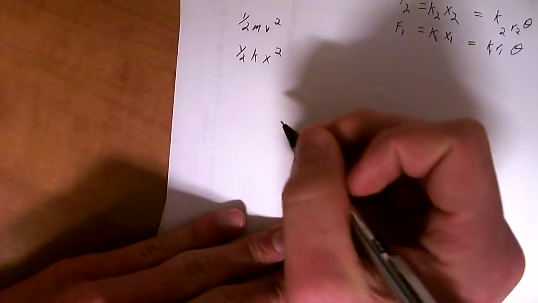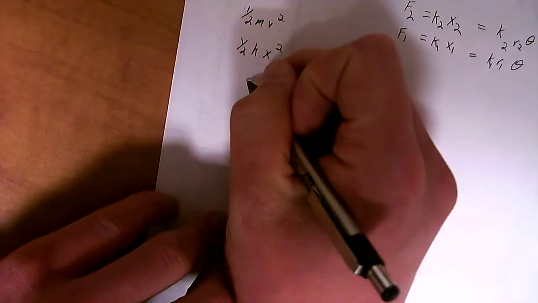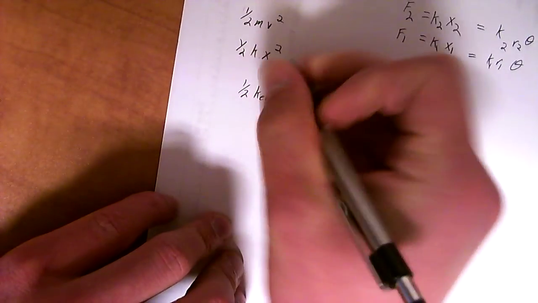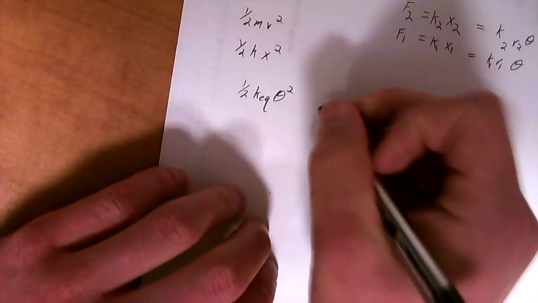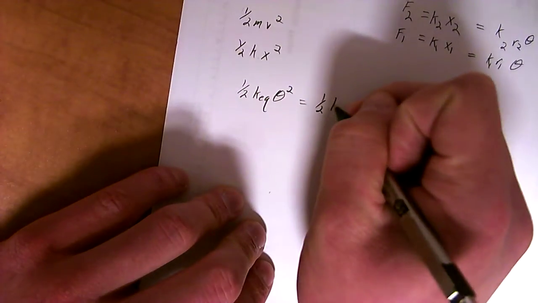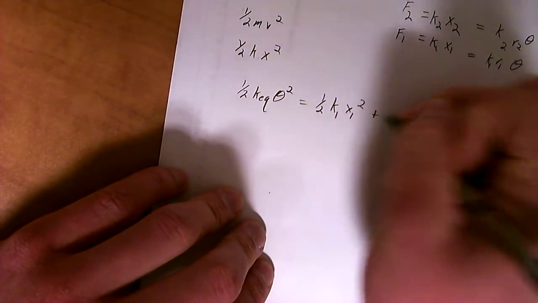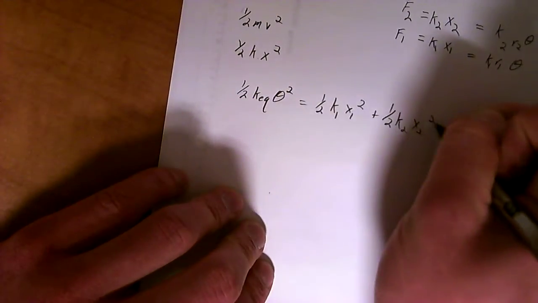Okay, so now moving on here, using the energy method, what you have is 1/2 k equivalent times theta squared, kx squared, which is equal to 1/2 k1 x1 squared plus 1/2 k2 x2 squared.